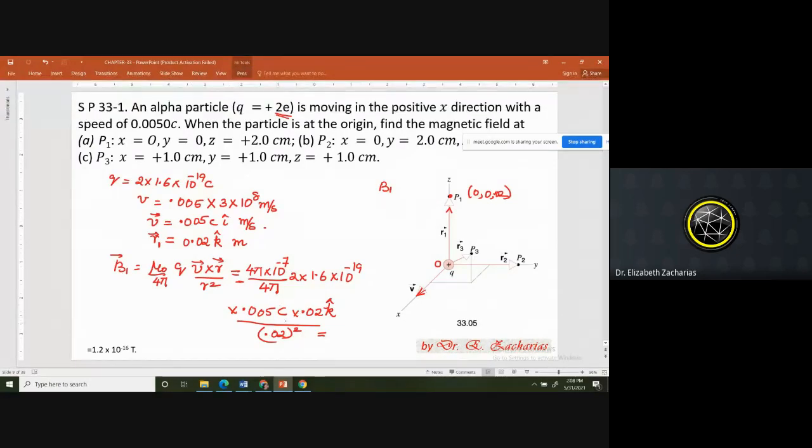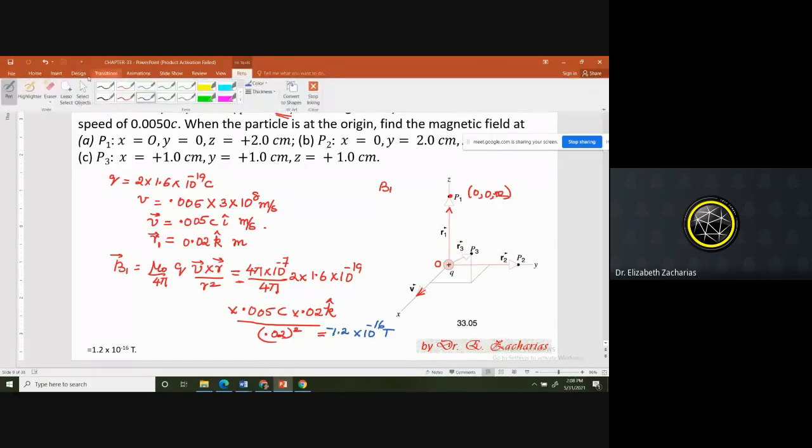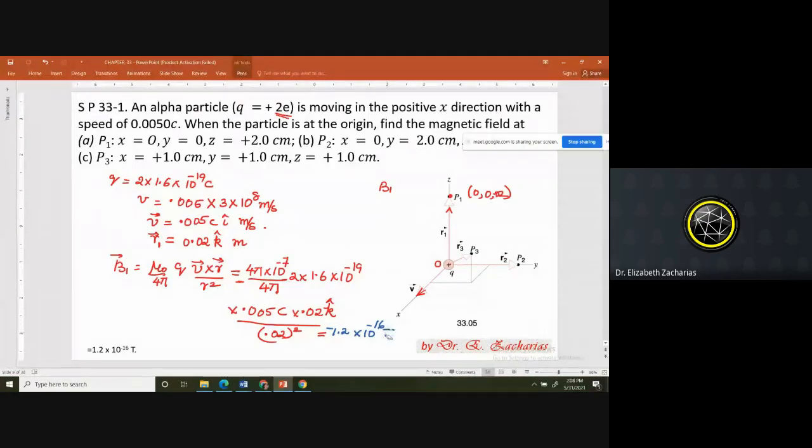The magnetic field that I'm going to get is going to be 1.2 into 10 to the power of minus 16 Tesla, along the minus J cap direction. It's going to be along the minus J cap direction, in Tesla.